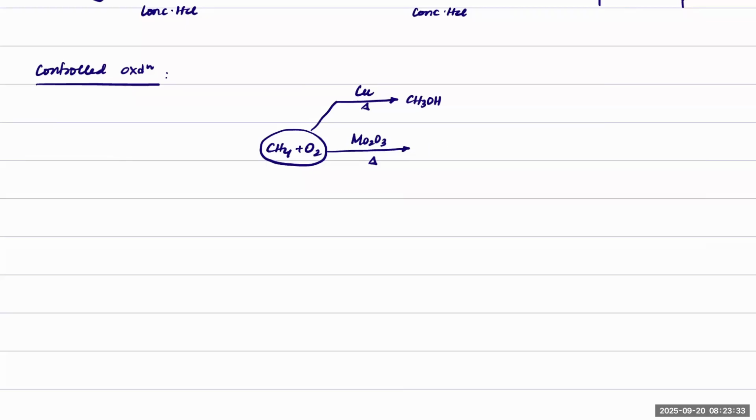So in this case, you'll usually get aldehydes. And if you have MnOAc twice and heat, then you'll get HCOOH, formic acid. Clear? So this is about controlled oxidation. The heat usually taken is 523 kelvins, which is around 300 degrees Celsius.